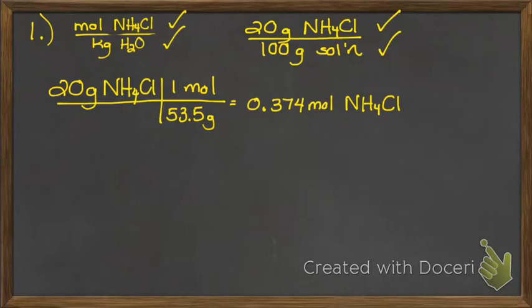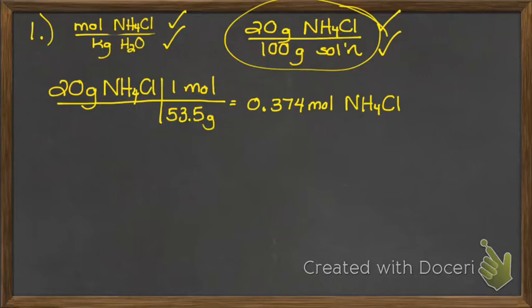Well, I also need kilograms of water. Come back up here. If I have 100 grams of the entire solution and 20 of those grams are made up of ammonium chloride, how many grams must be made up of water? 80. 100 minus 20 is 80 grams of water.